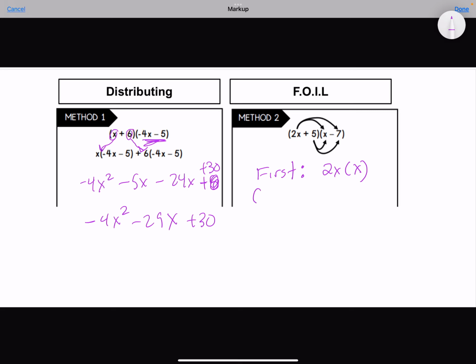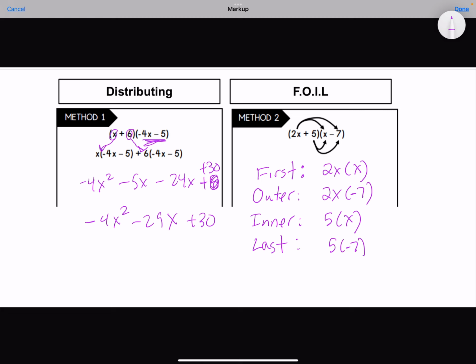The O stands for your outer. So my outer terms are 2x, negative 7. The I stands for inner, which is 5 times x, and L stands for last, which is 5 times negative 7.